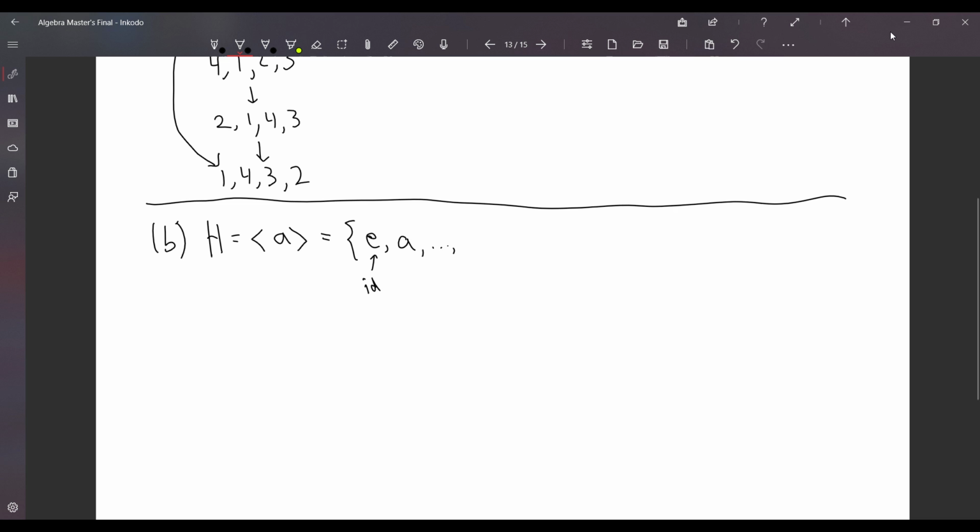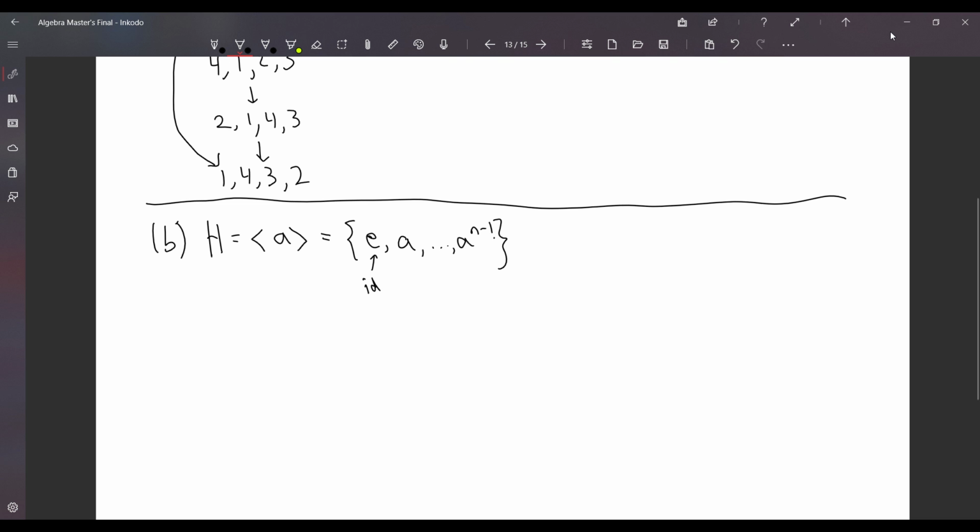Some people like 1, but I prefer E for group theory. Then A, up to A to the n minus 1, so the order of A is n.